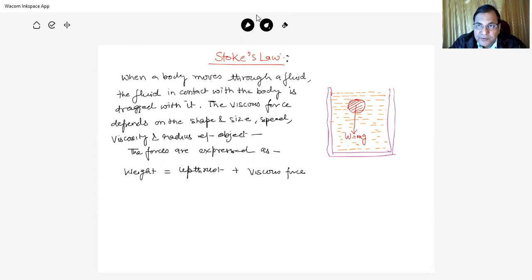So this viscous force can be considered as the motion of liquid in the downward direction. This object is moving in the downward direction, so viscous force is acting opposite to the downward direction. So this is the viscous force, and here it is upthrust.